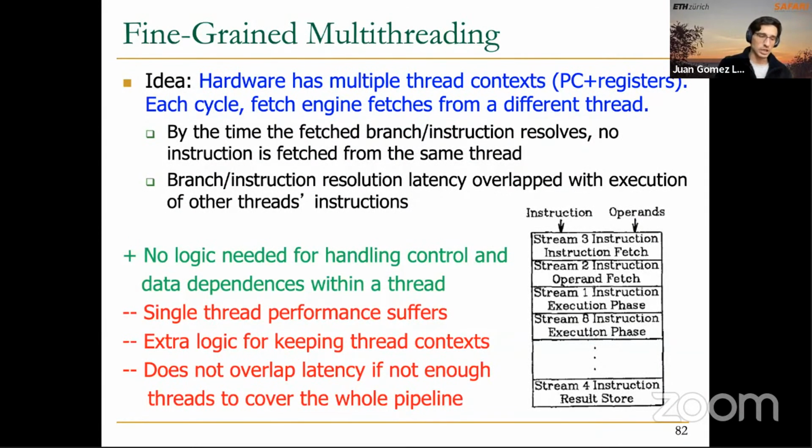meaning the program counter that the specific core needs to know what the next instruction to execute is. You also have multiple registers that are divided into parts assigned to the different thread contexts.